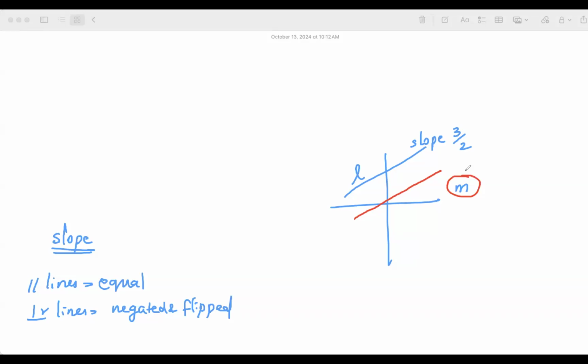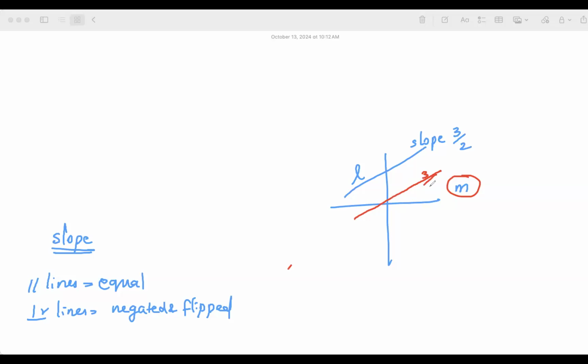Parallel, so M's slope is 3 by 2. Good job.